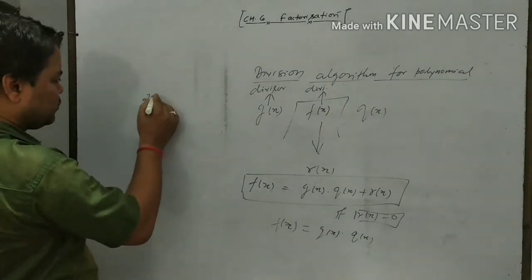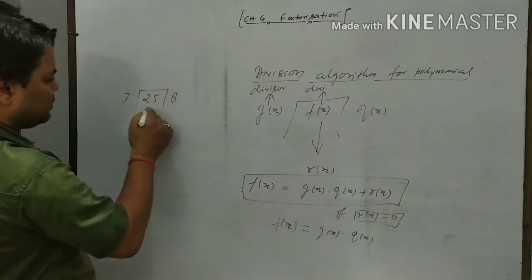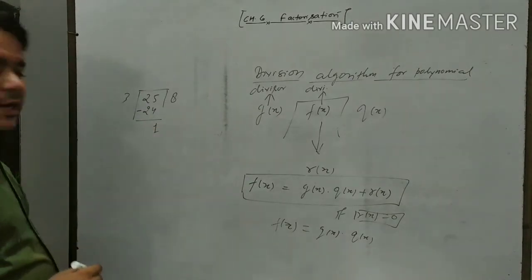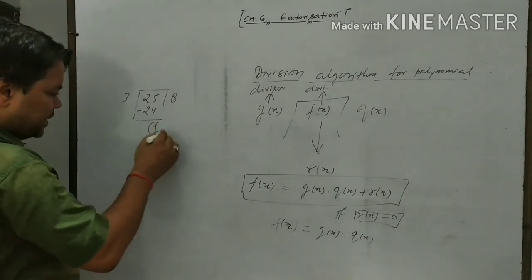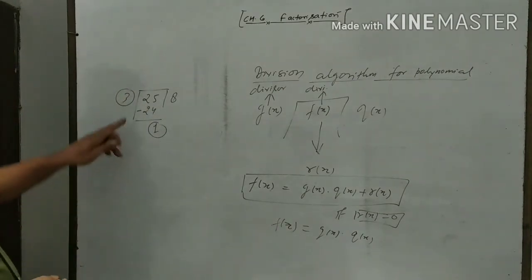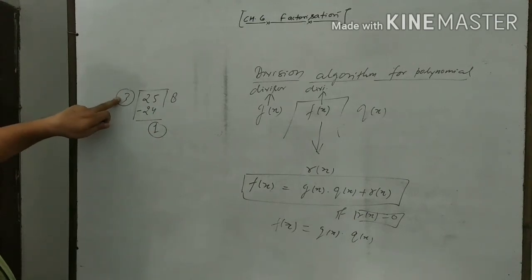Let us take 25 and here we have 3. So 3 eights are 24. If you subtract, it will be 1. The value of the remainder is always less than the value of the divisor.